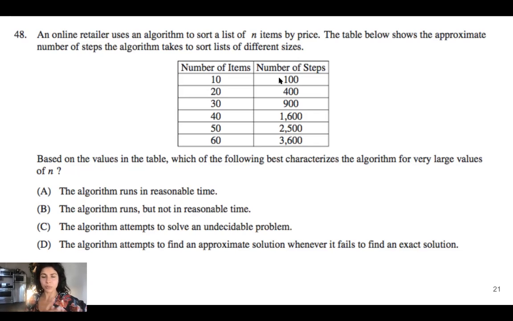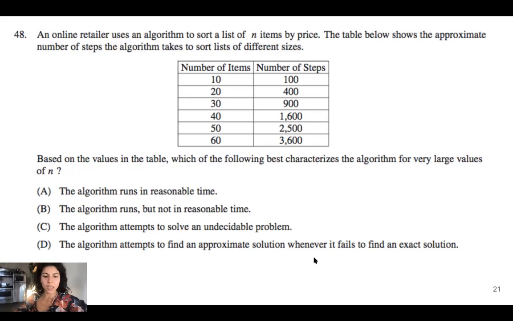So polynomial, if we were to look it up, or if you're paying attention in your math class, is anything that has x as the base and any real positive whole number exponent. So this is, take this and it squares it. Polynomial runtimes are reasonable. Anything that's more than a polynomial runtime is not reasonable.